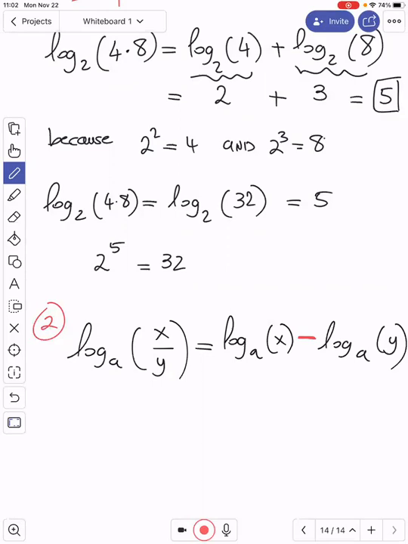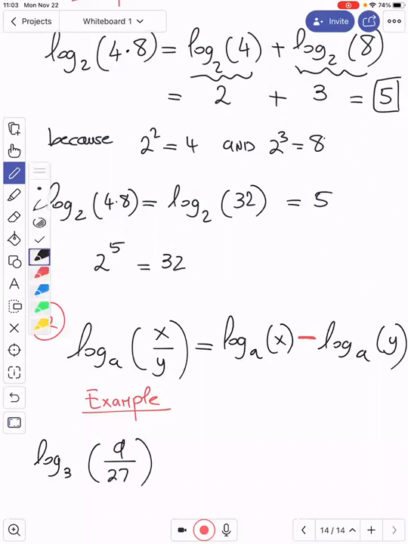Okay, so for example, let's say you have log in base 3 of 9 over 27.